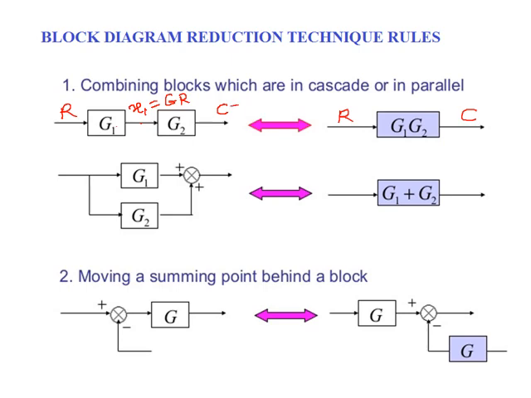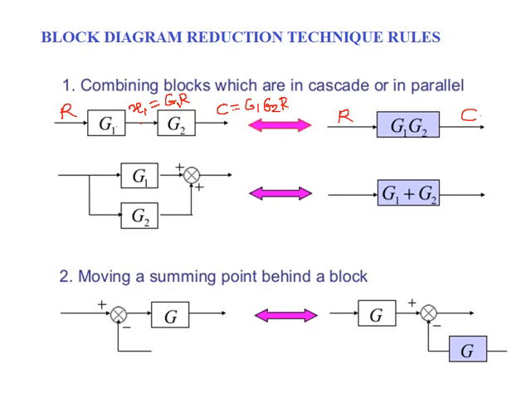And what about output C? Output C is equal to again gain into input. So this gain should be G2. So output C is equal to G2 into G1R. Okay, so look at this. What we did here, when two blocks are connected in series, the resultant of these two blocks is nothing but a multiplication of the blocks.